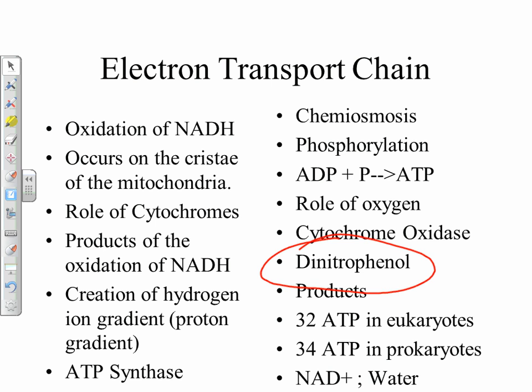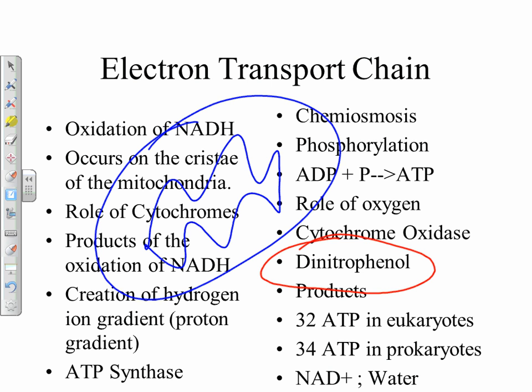So then what did the scientists have to go do? They had to figure out what it was doing. And here's what they found out. They found out that what it was doing was making this inner membrane permeable to what? H+.